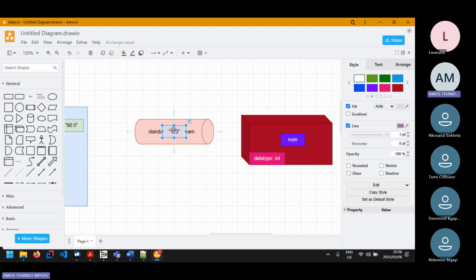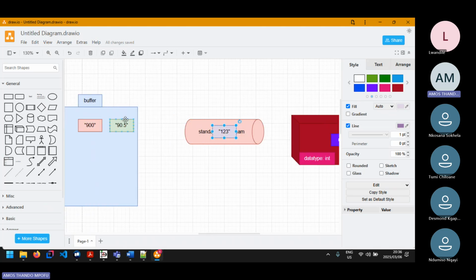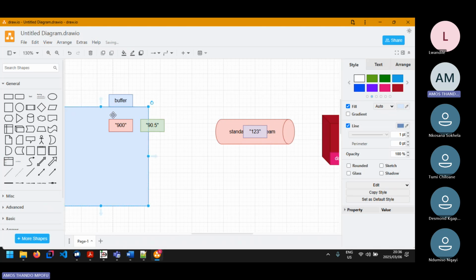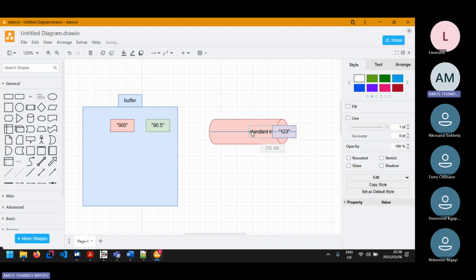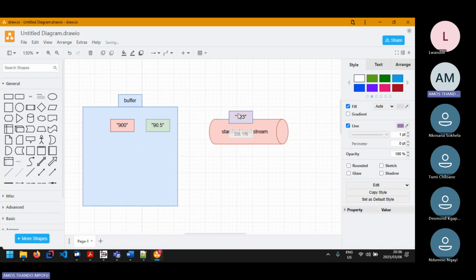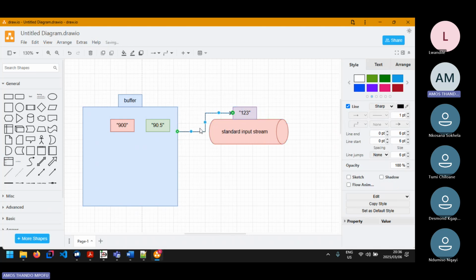So there's another process in between. You might not see it, but there's a lot going on under the hood. I'm going to push this to the side so I can demonstrate it properly. There's the value being passed from the buffer, so I'll put an arrow to say it's from the buffer to the input stream.